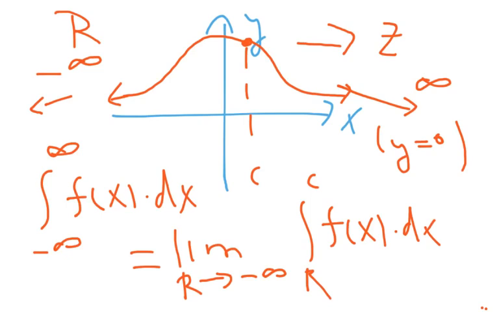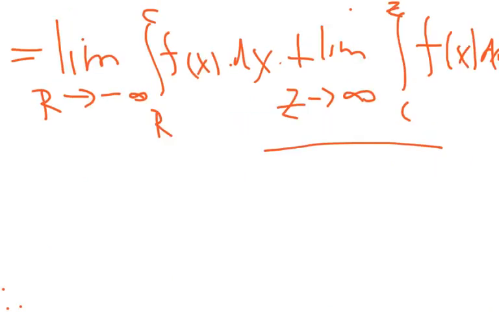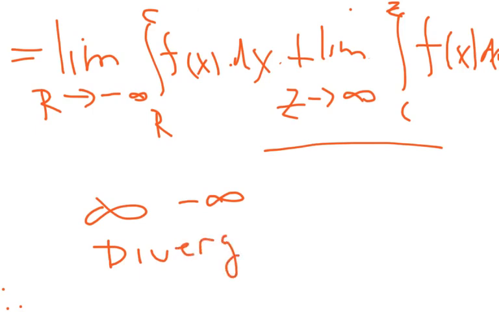Otherwise, if our entire limit approaches either infinity or minus infinity, we say that our limit diverges. So finite number means that it converges.